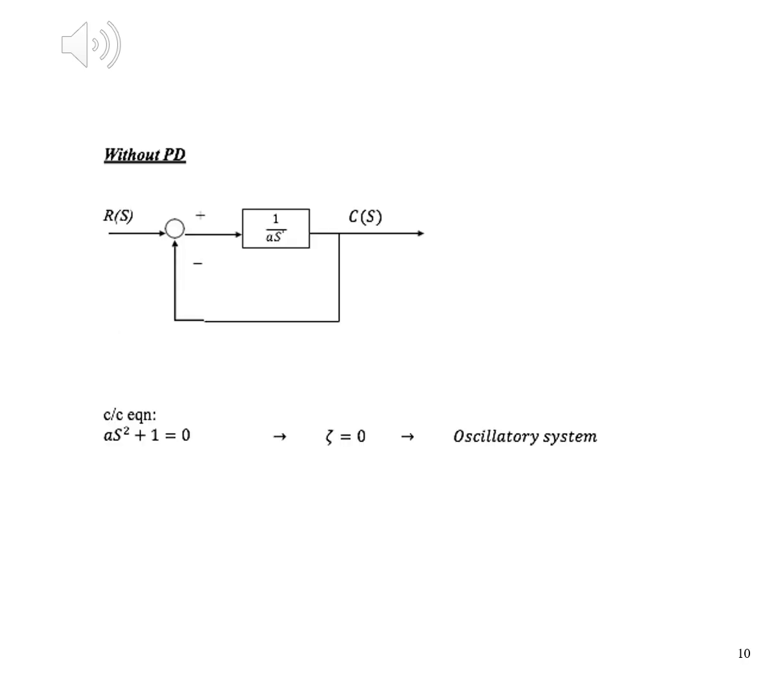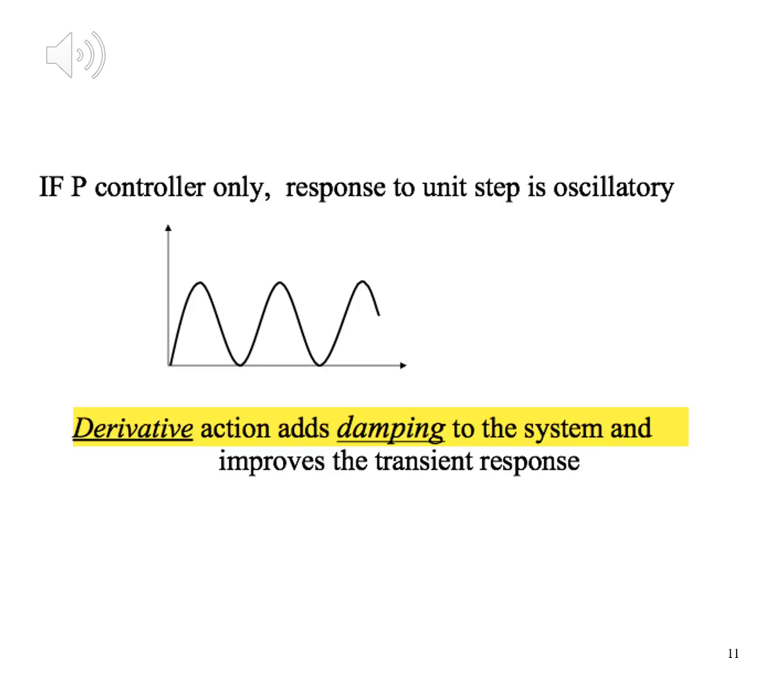Note that this system, without the PD controller, will yield the characteristic equation AS squared plus 1 equals 0. This implies that zeta equals 0, and the system is originally an oscillatory system. Note that if a P controller only is used, the system will still have an oscillatory response.